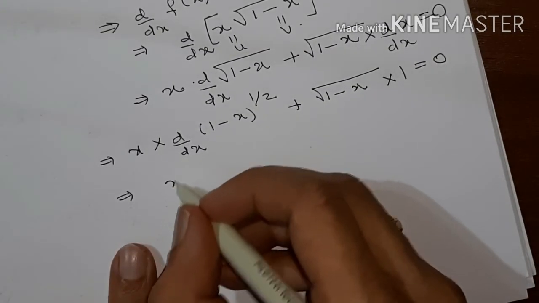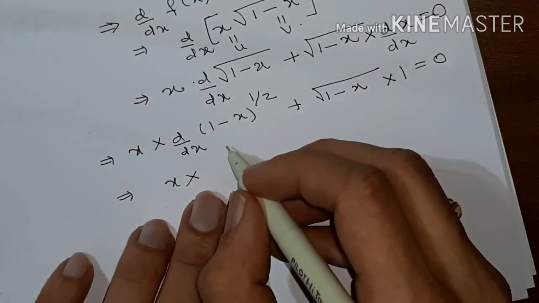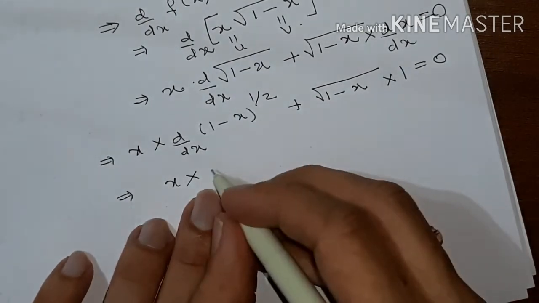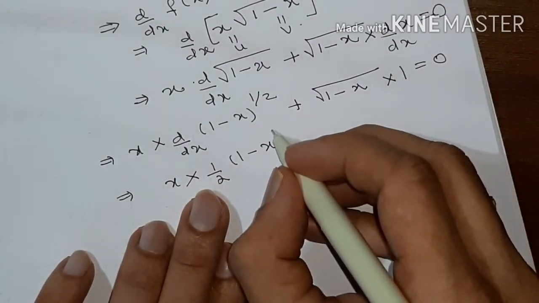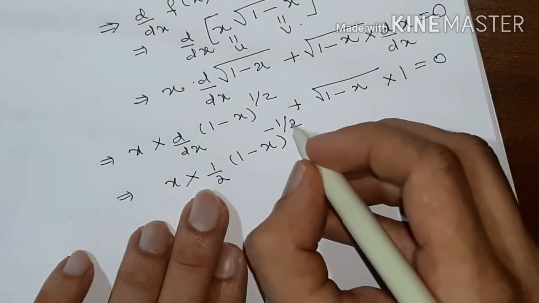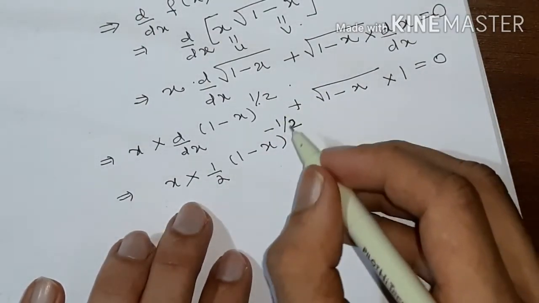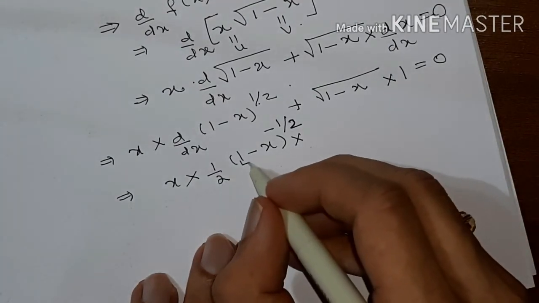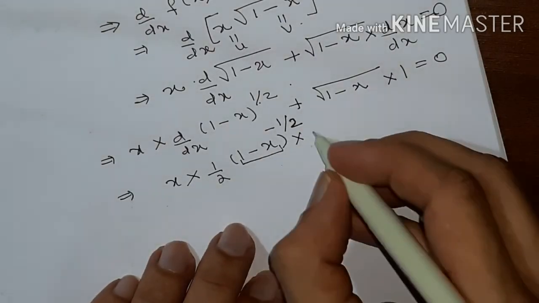Okay, now this is what? x multiplied by 1 minus x, right, raised to half, that is half (1 minus x) raised to minus half, you will get, right, n minus 1. So half minus 1, which is minus half. Okay, now multiplied by again derivative of this quantity by the chain rule, what it is? Minus 1.